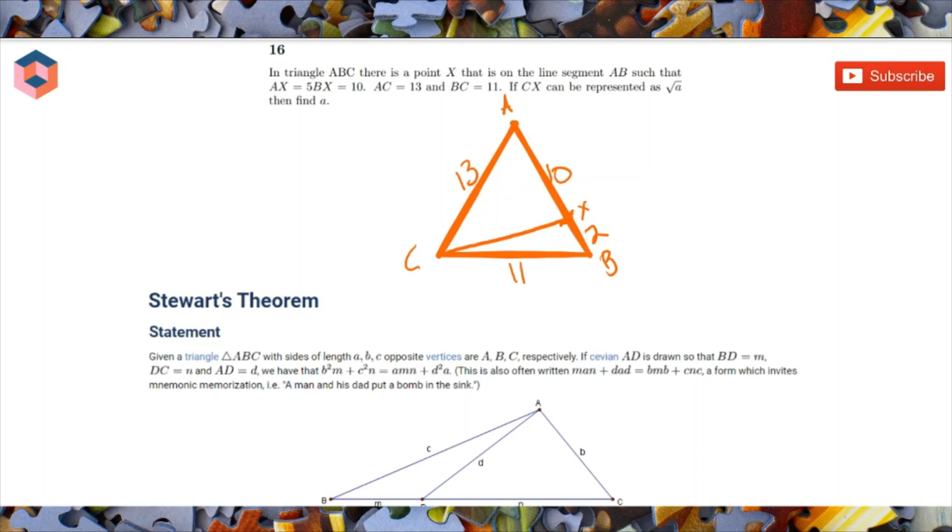Sometimes people also write it as "man plus dad equals bmb plus cnc", which lets you really memorize it. Okay, so now how can we apply this in this problem?